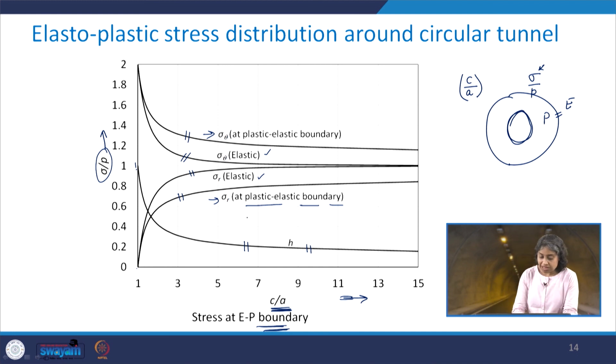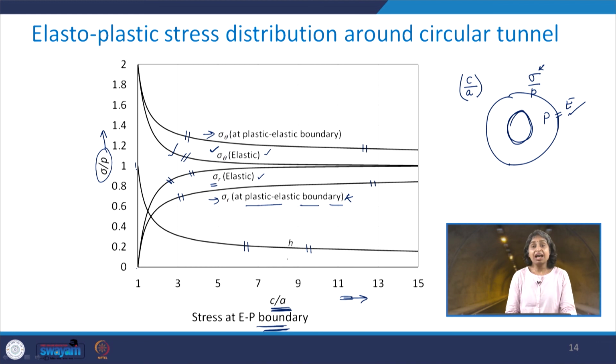So, sigma r and sigma theta, their variation in the elastic domain will be something like this, and at the elastoplastic boundary it is going to be obtained following these two plots.